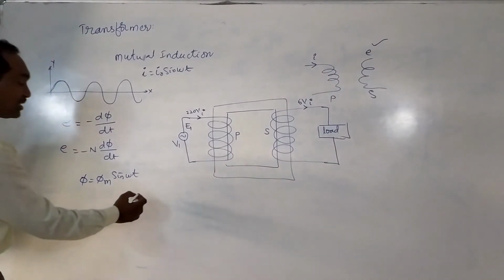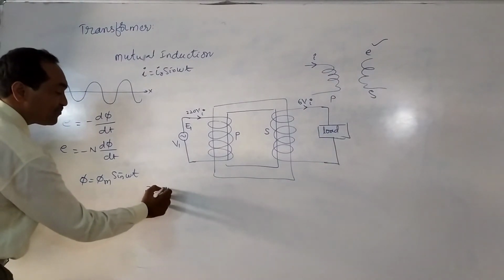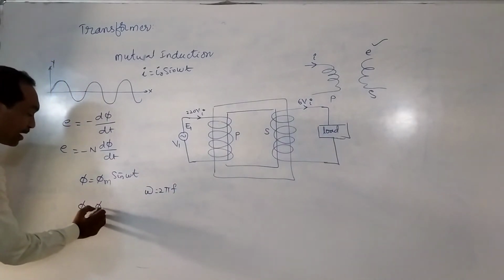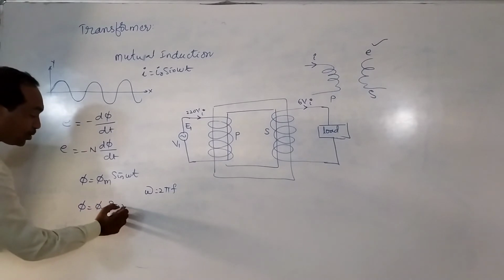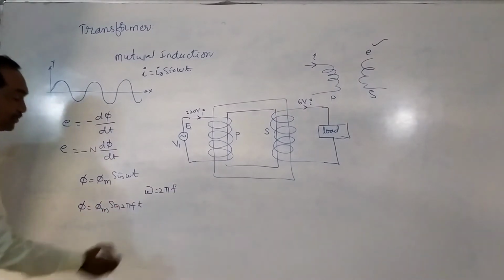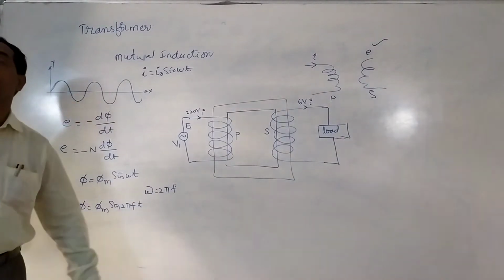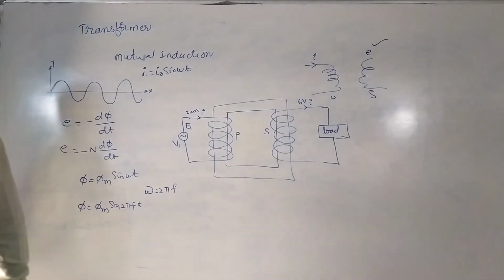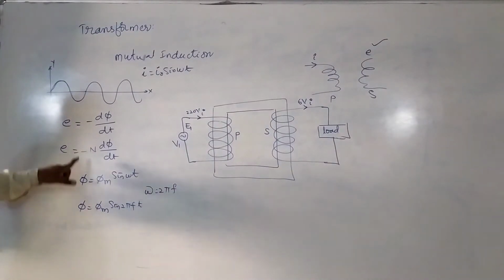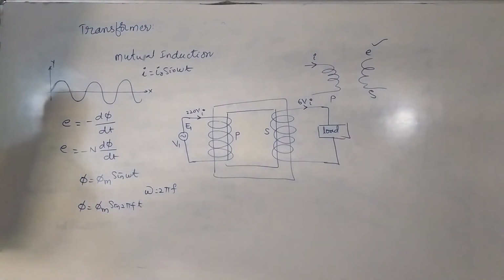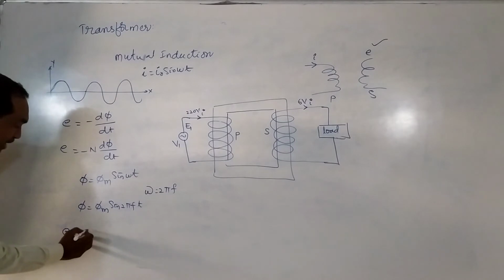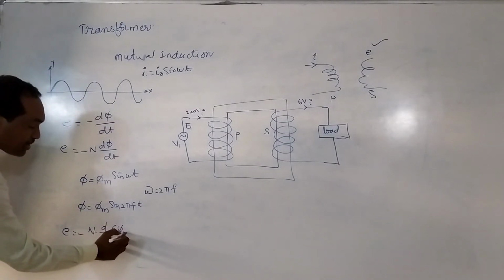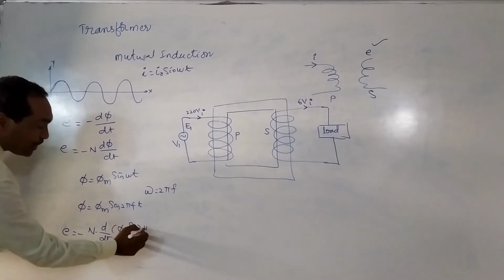But we know angular frequency omega is equal to 2 pi f. So φ is equal to φm into sine 2 pi f t. This f is the frequency of the alternating current or frequency of the magnetic flux. When we substitute this into this equation, the EMF induced is equal to minus N into d by dt of φm sine 2 pi f t.